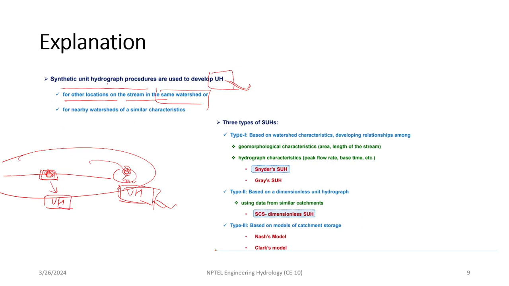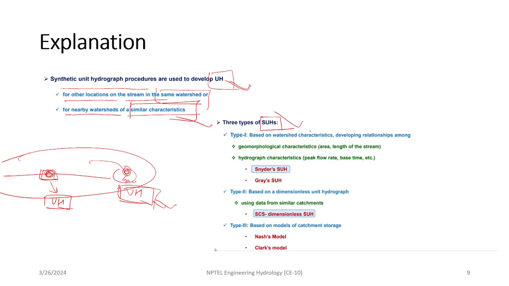So using this method we can predict without having any kind of gauging station. Also there is one more condition: for a nearby watershed, the similar characteristics should be the same.